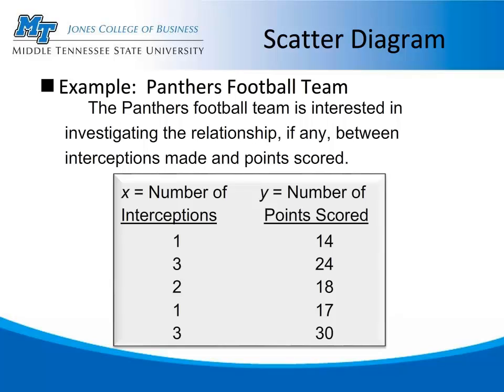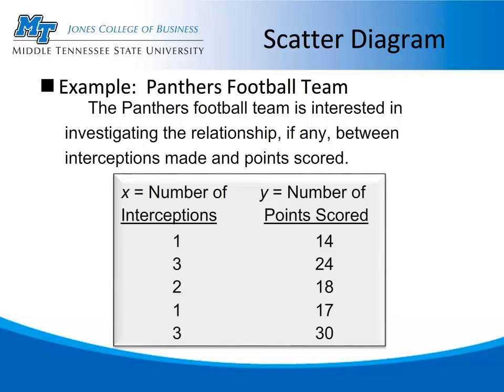Now, one interception in one game corresponded to 14 points scored. In another game, there was one interception that corresponded to 17 points scored. There were two games with 3 interceptions. In one of those games, 24 points was scored, and in the other game, 30 points was scored.